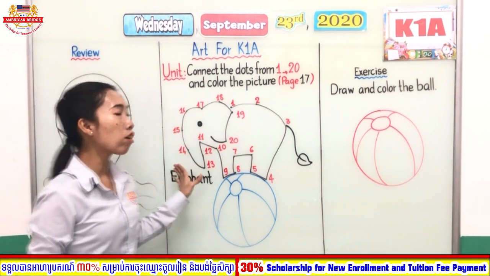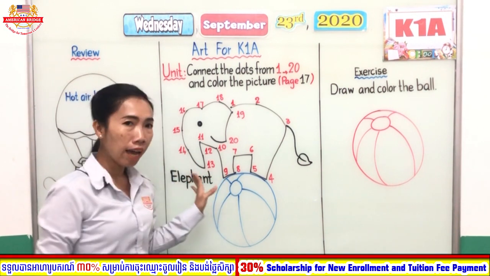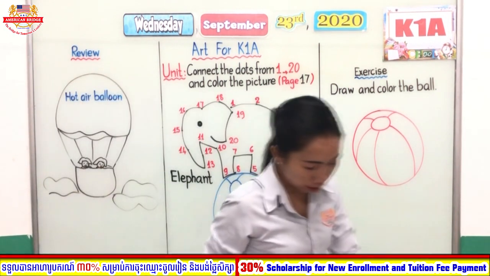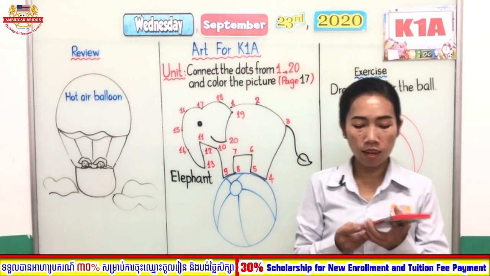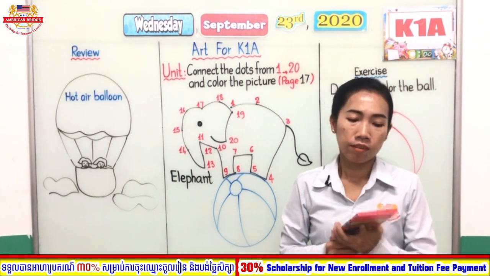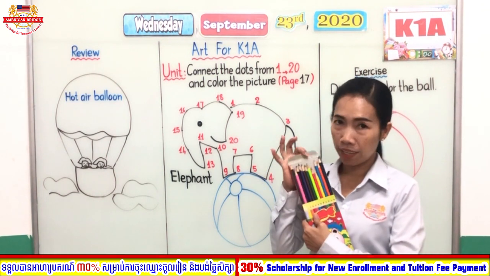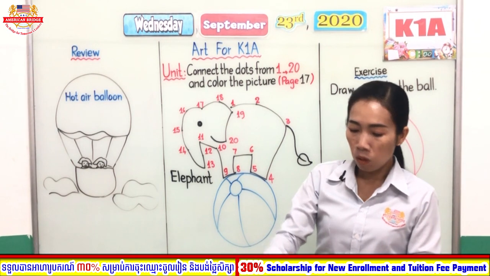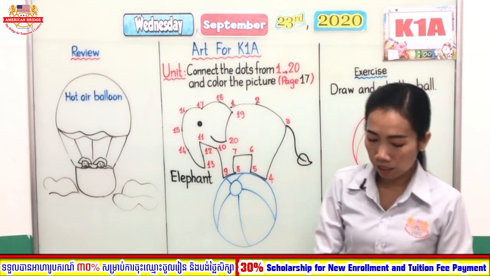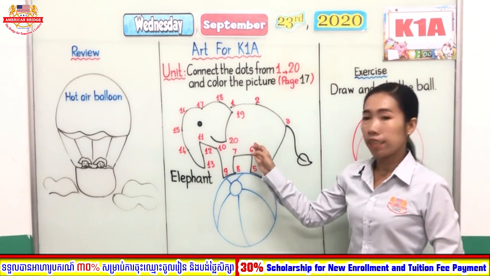Okay, after you write already, please show me the color pencil to color the picture. Everyone, show me your color pencil. Who can tell the teacher what color we will use for the elephant?